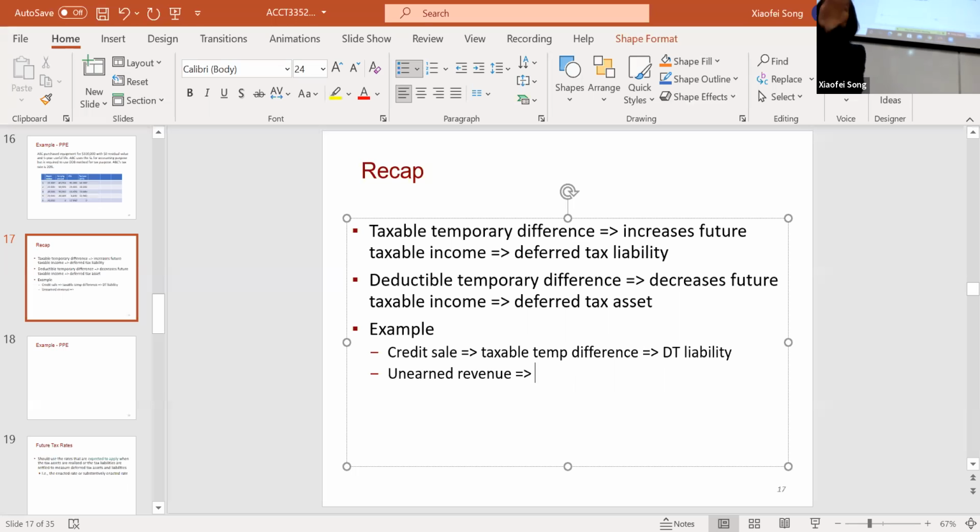Yeah, it's kind of the opposite. You get paid first and you have to pay tax right away on the deposit or unearned revenue collected. And in the future, when you recognize revenue, that will increase your accounting income, but you don't pay tax anymore. So you have to deduct this difference. So it's a deductible difference. And that should give rise to deferred tax assets.